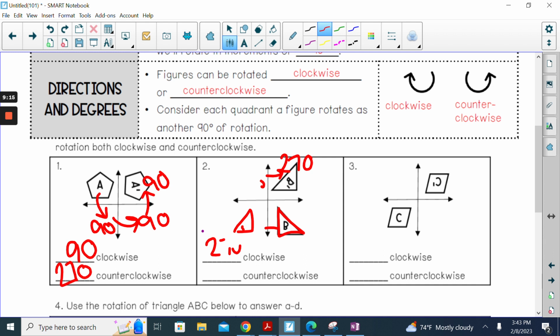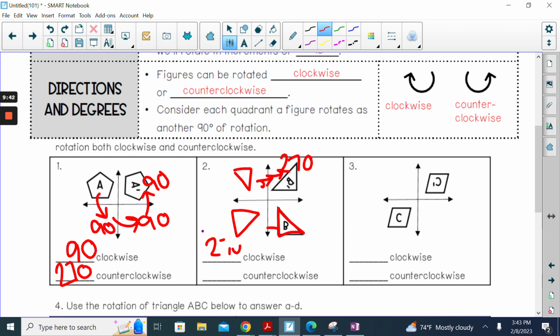Let's see, make sure I'm spinning it right. It would be this. And then you spun it again. And then if you spun it one more time, you would end up back at your image.